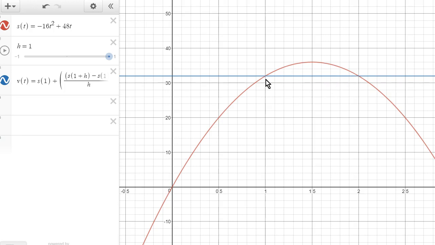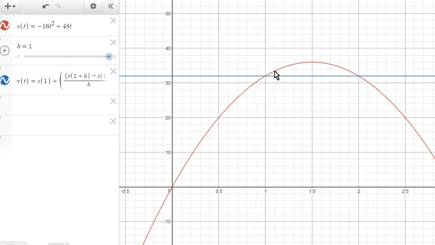And so the slope of this line right now is actually 0, because that represents the average velocity of the grapefruit from t equals 1 to t equals 2. It went up to 32 feet above the hand, then up to 36 feet, and then back down to 32 again. So its displacement, its change in position from second 1 to second 2, is 0, and so the slope of this line is 0, and so the velocity is 0.